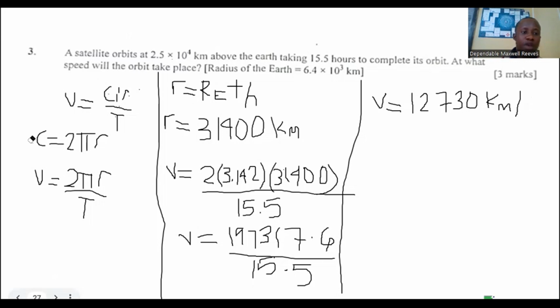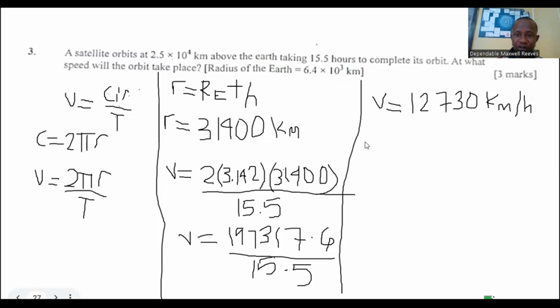But if we want to express this value in meters per second, we need to do our conversion from kilometer per hour to meter per second. The easier way to do the conversion is to multiply this value by 1,000 meters and divide your final answer by 3,600 seconds.